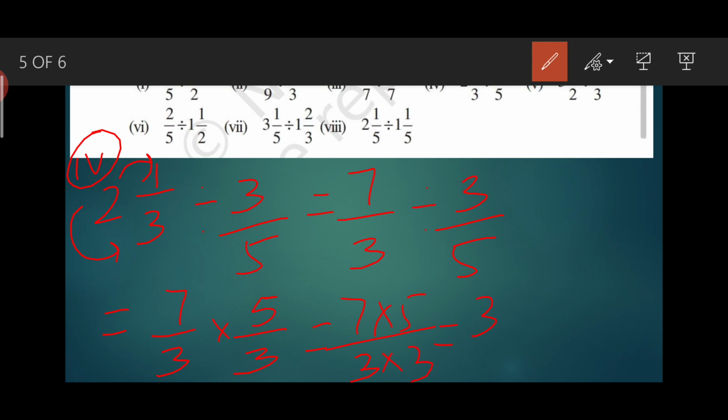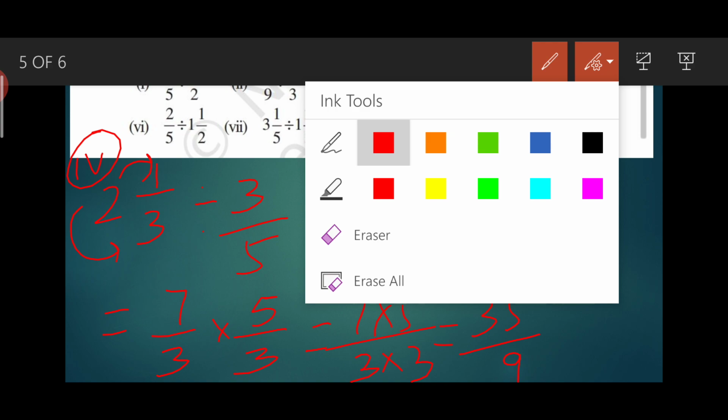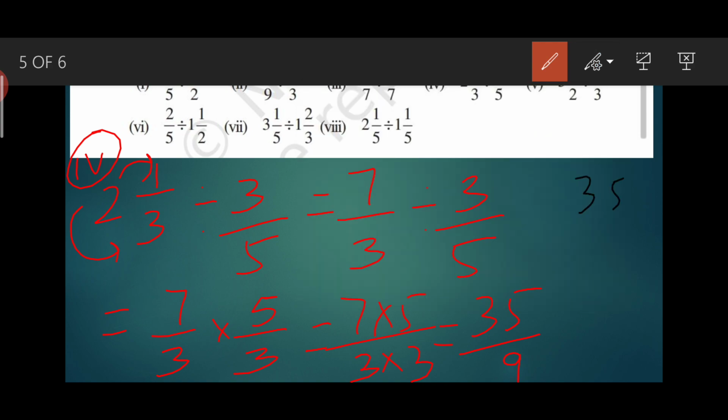7 5s are 35 and 3 3s are 9, and as you can see 35 is greater than 9, so you can easily divide 35 by 9 in the rough side of your notebook. So 9 4s are 36, which is greater than 35, so 9 3s are 27.